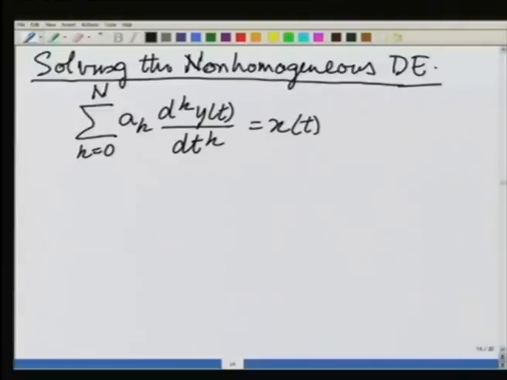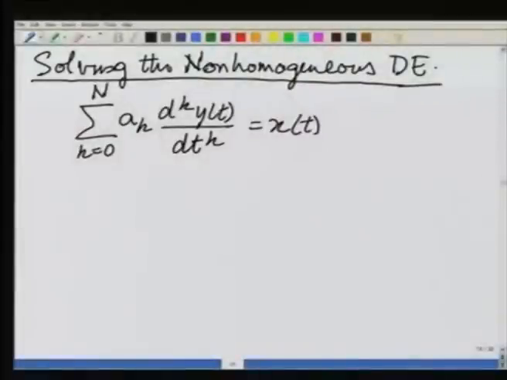This is going to be a different kind of game altogether, because we do not have 0 on the right side. Because we do not have 0 on the right side, there are lots of things we did earlier which we cannot do now. Our approach in trying to understand what sort of functions can be substituted for y t that will ensure that the left hand side evaluates to x t for every instant of time is therefore going to be governed by other considerations.